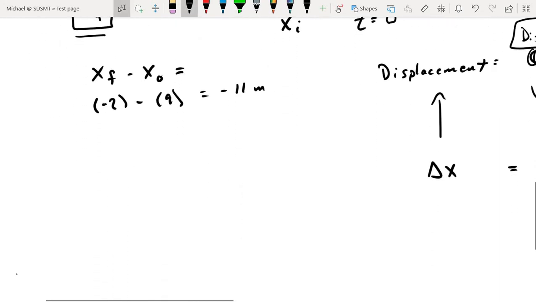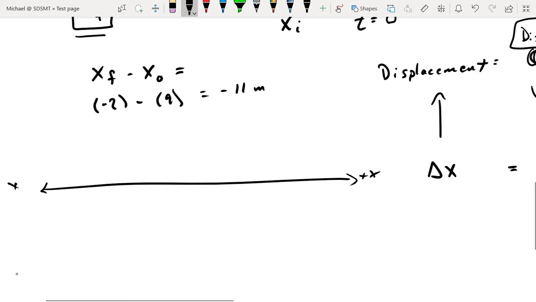Okay, let's try going the other direction. And I'll provide us with a fresh diagram here. So our particle is now at the negative 2 position. And let's take it back to the positive 9.